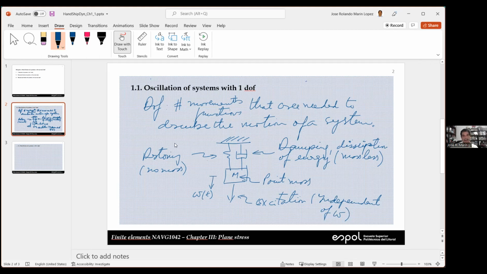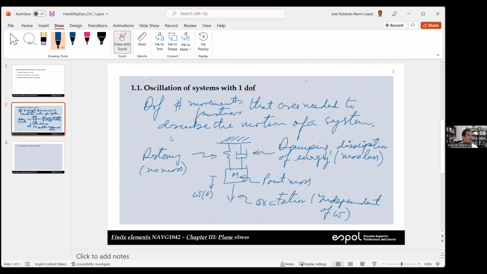So in the restoring, in the damping, and the acceleration, we have influence from W. The excitation is independent, okay? So mathematically, we're going to have 3 terms on the left and 1 term on the right. The terms on the left include W or its derivatives. The term on the right is independent of W. That's why we put it on the right, okay?